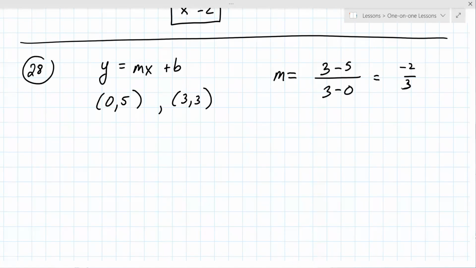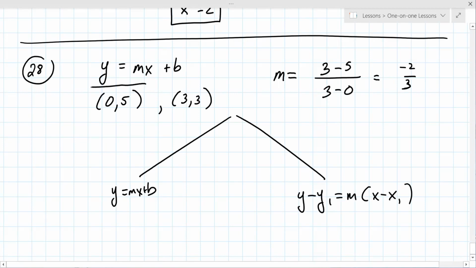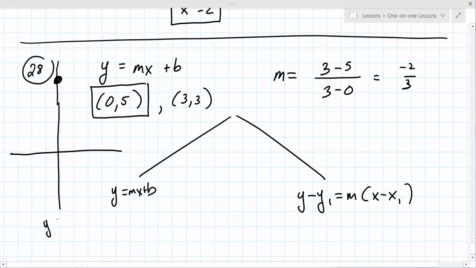So this is where you have a choice. You can either immediately write it in y equals mx plus b form, or you might go to y minus y1 equals m times x minus x1 form. The decision is made because what kind of a point is this right here? If you were to graph that, what would that represent? It's the y-axis, right?